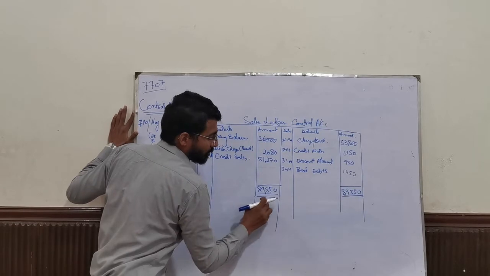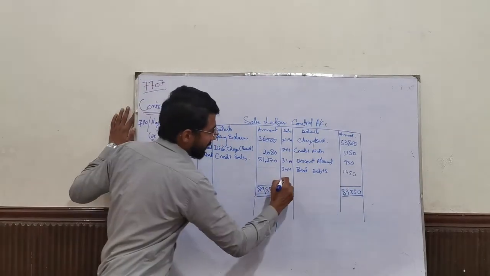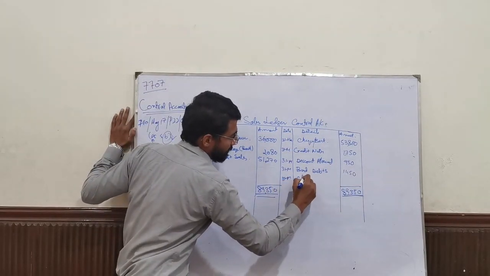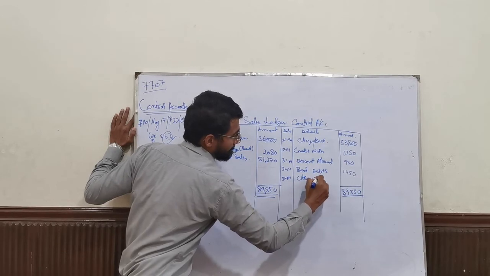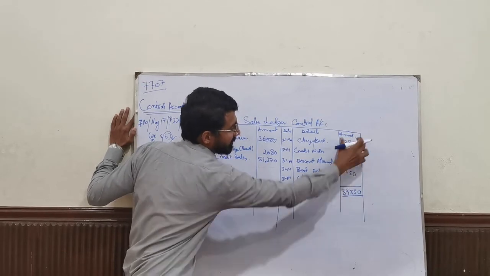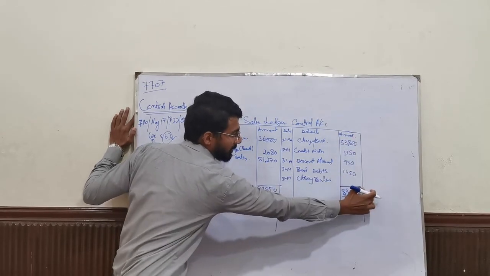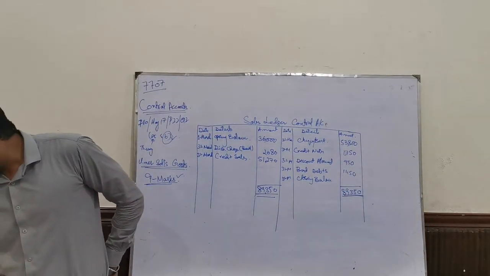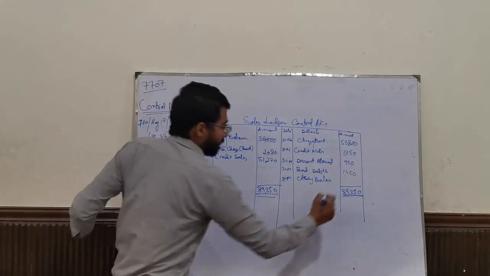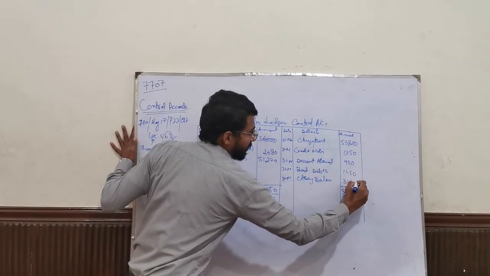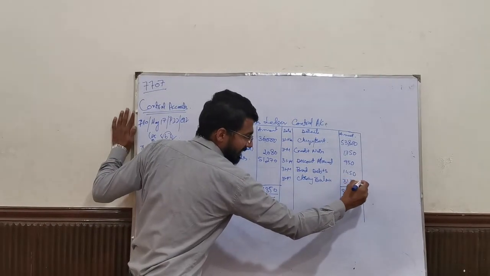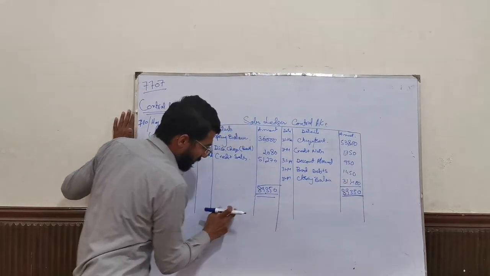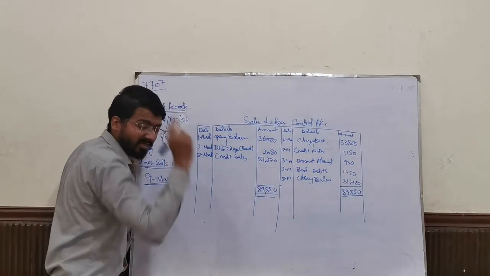Do not forget to close it with the double line. Then on 31st March, I'll mention closing balance. I'll subtract the sum of these 4 figures from this 89,350, which will be 31,400. This 31,400 will be mentioned over here. This is really very important.